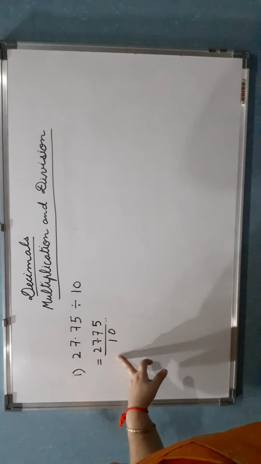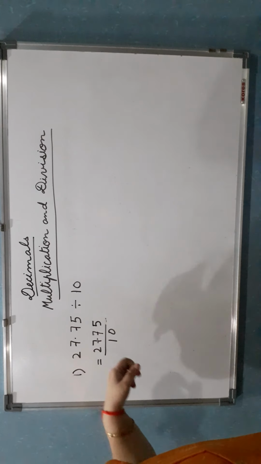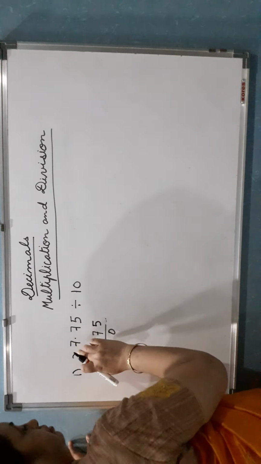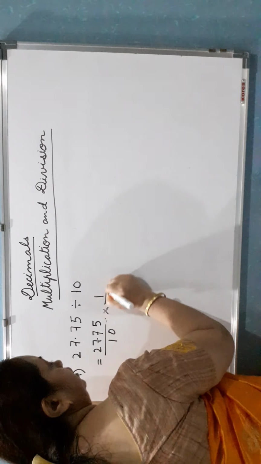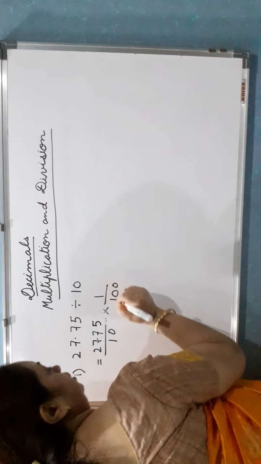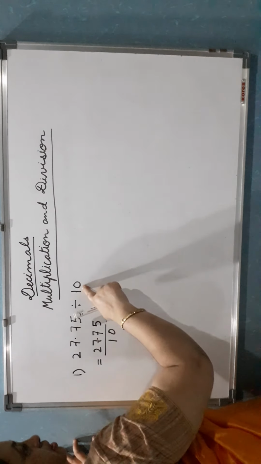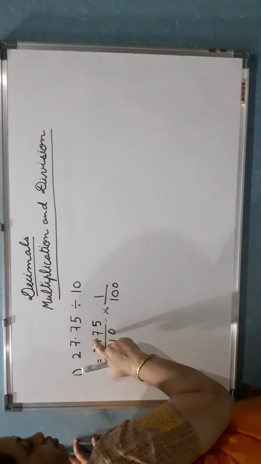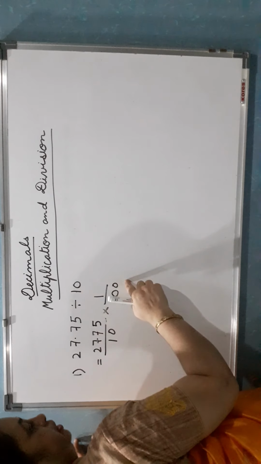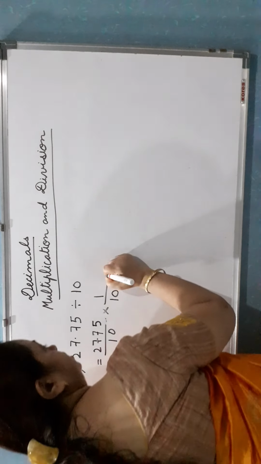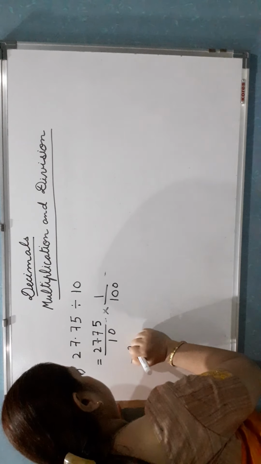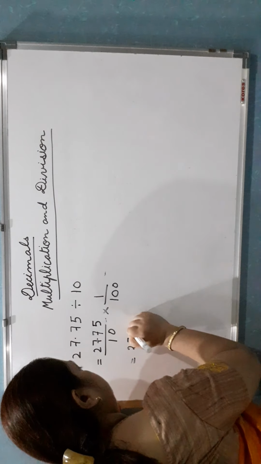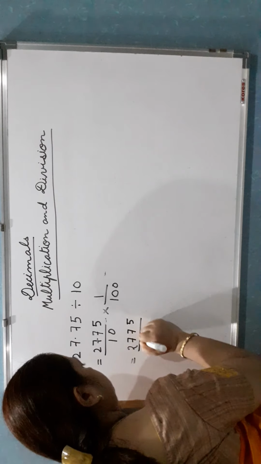Now look here, to cancel this point, so we have to divide by 100. Okay, this is divide by 10, to cancel this point into 1 by 100. So this will be the same, equal to 2775 by 1000.